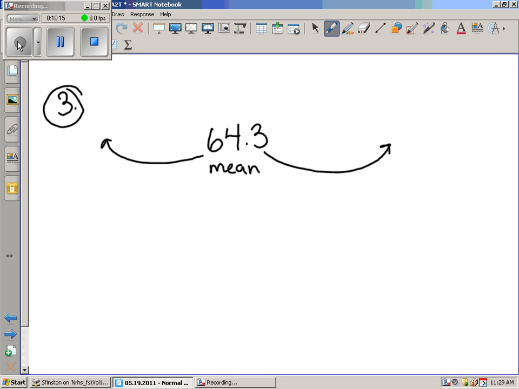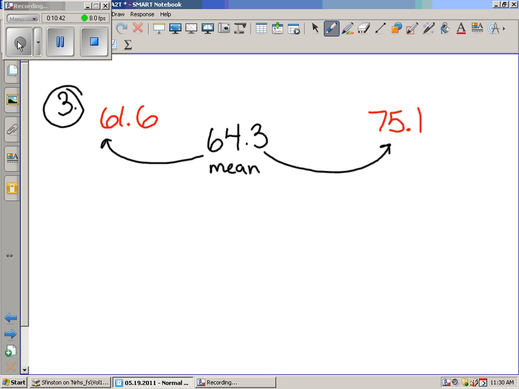What is the best approximation of the percent of scores that fell between 61.6 and 75.1? So once again, the first thing you do is you find out how much space is between these numbers. Who has their calculator and can tell me this?